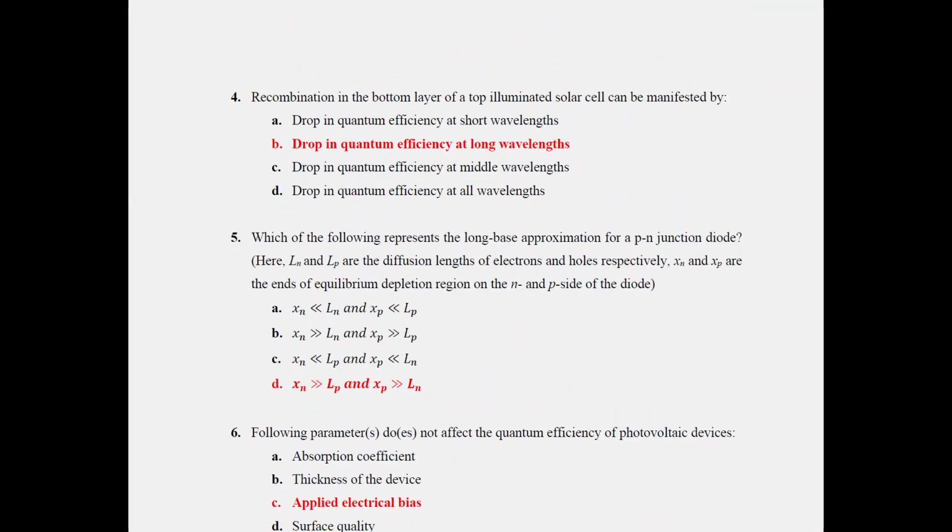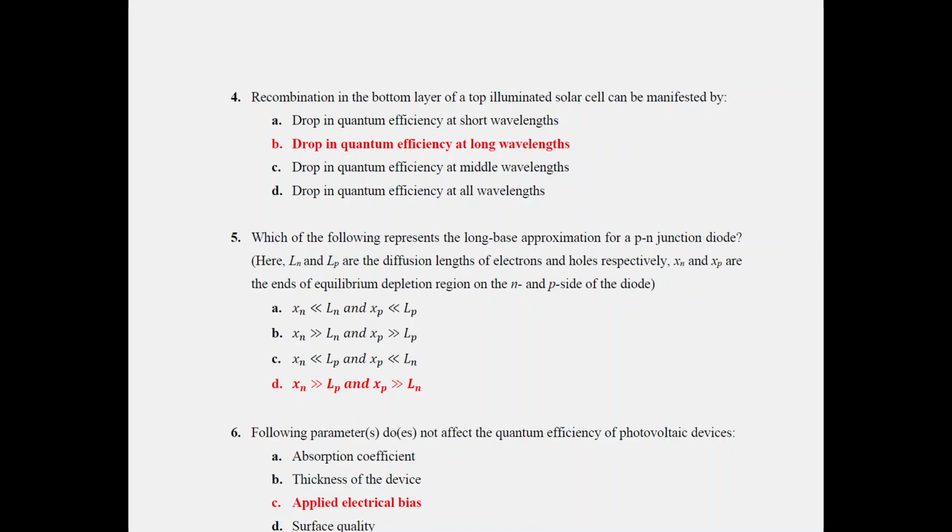Question 4 and 5, recombination in the bottom layer. Sorry, only 5. The answer is Xn plus LP, Xn greater than Ln. Okay, but here the answer is wrong, I think. It should be Xn less than Ln.